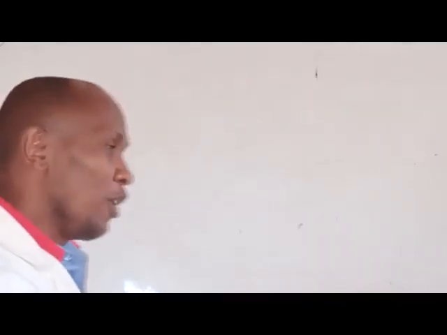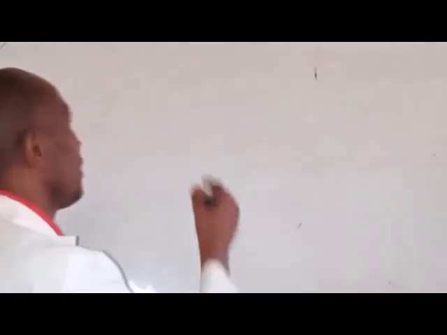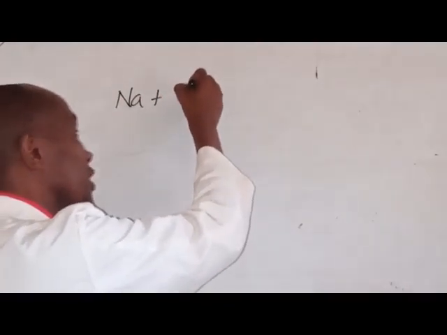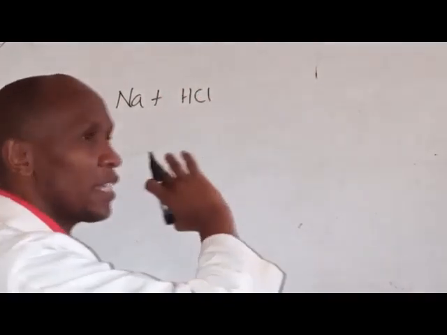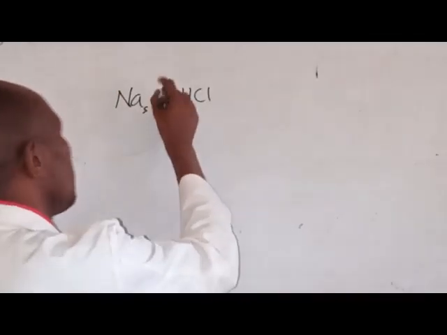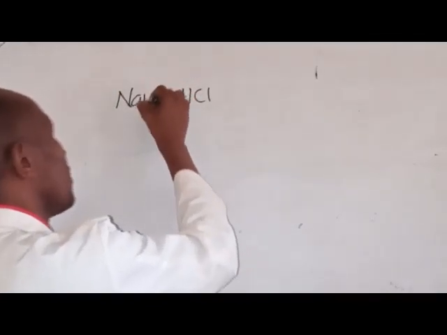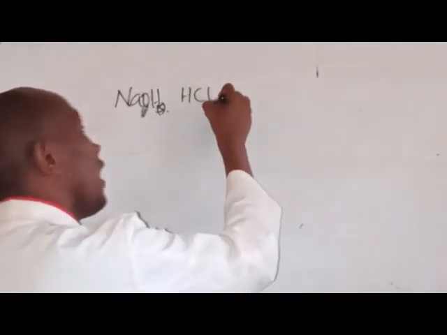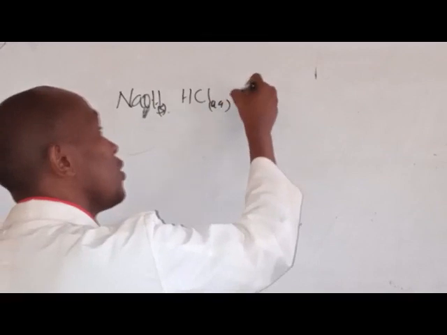So, in this experiment, I want to find out if I reacted solid sodium with hydrochloric acid. Not solid sodium, so that would be explosive. Let me use sodium hydroxide in solid state. I react it with aqueous hydrochloric acid.